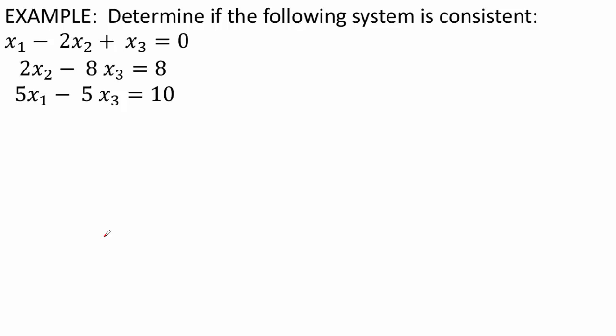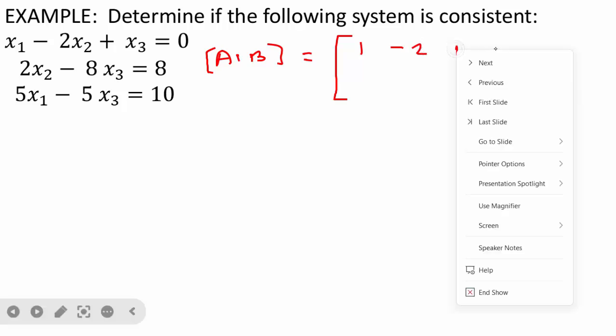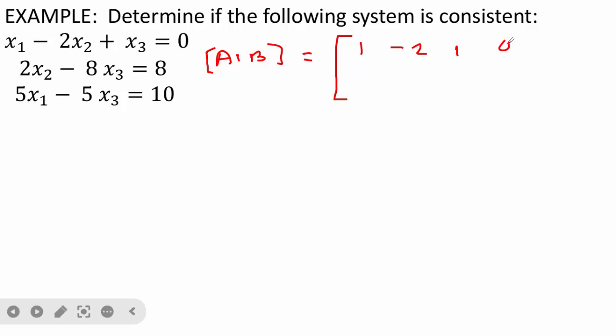How to check this? For that, we shall write the augmented matrix of this system. In our last video, we have learned how to write an augmented matrix. Augmented matrix [A|B] can be written as: in the first row, the coefficients of variables in the first equation, 1, minus 2, 1 and 0.